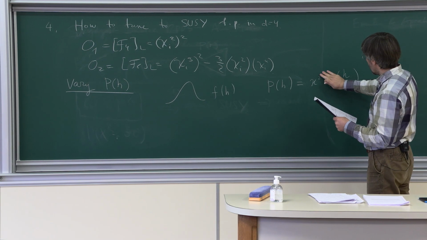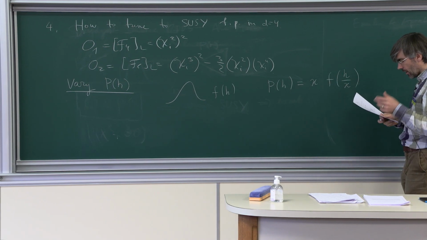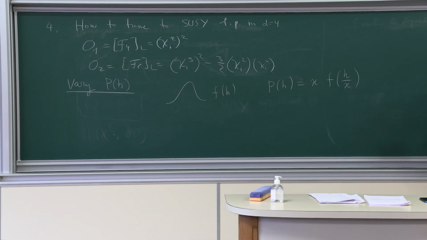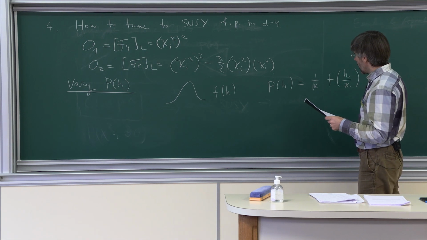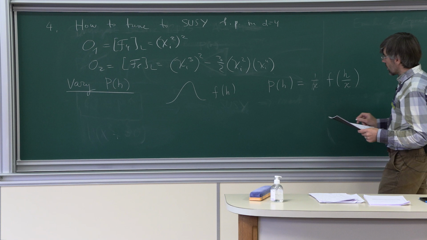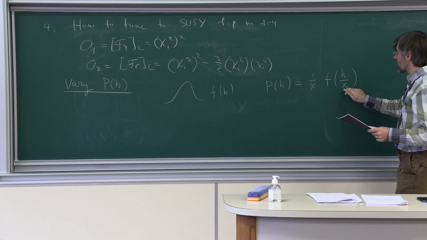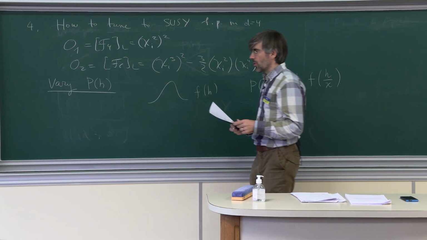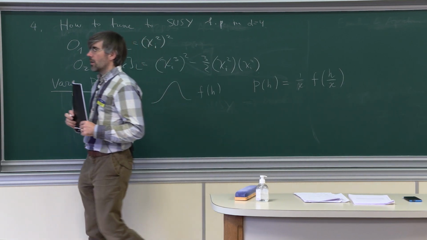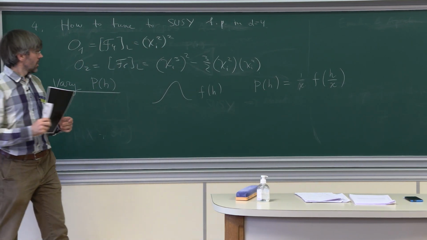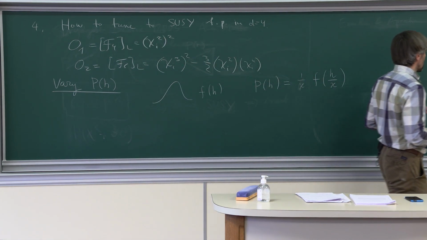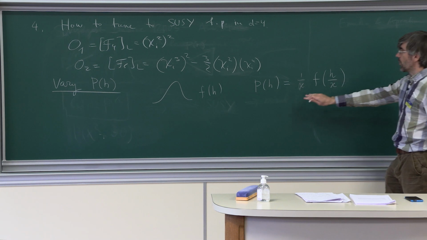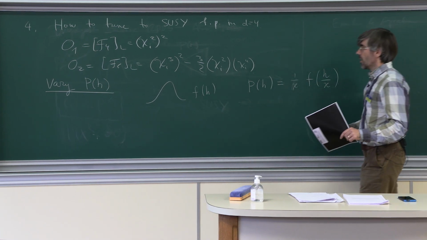So 1 over kappa, sorry. So what you are doing is that this kappa parameter measures the strength of your disorder, and to get to the phase transition, suppose that you fix some distribution f of H, Gaussian.